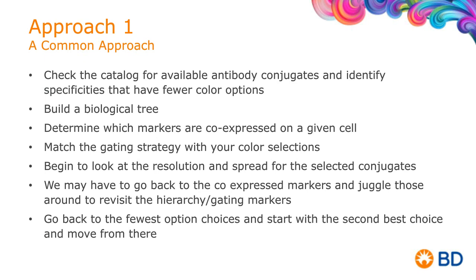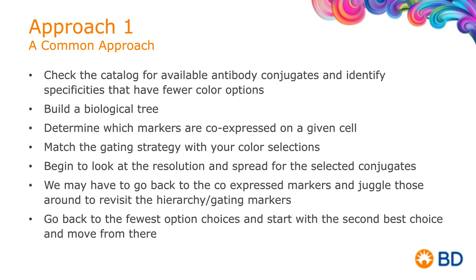Well, they build their biological tree, and then what he said is, I go through and I look at all the markers that might be co-expressed on any given cell, and I match my gating strategy with those color selections, so that looks okay. And then they take a chance to look at the resolution and the spread for all those conjugates, but at the very end, you can see problems.